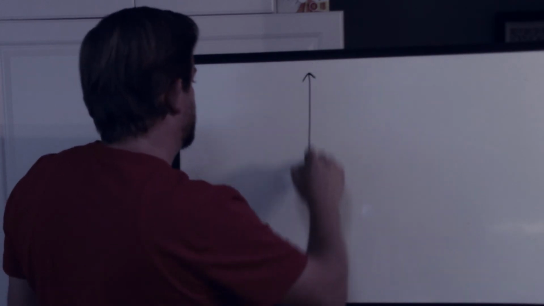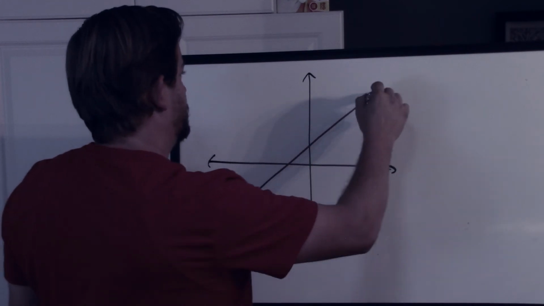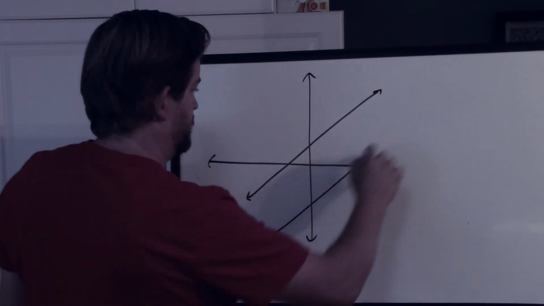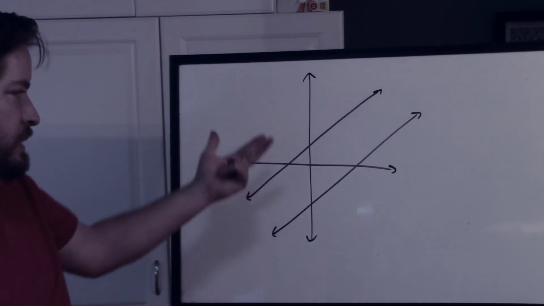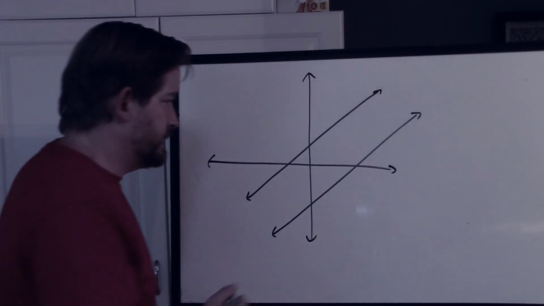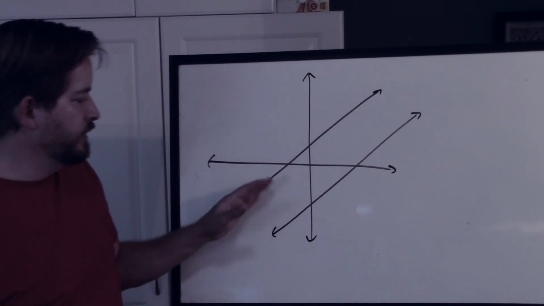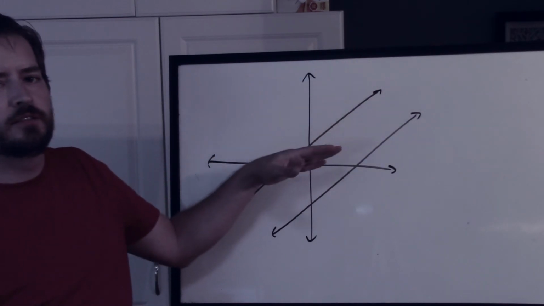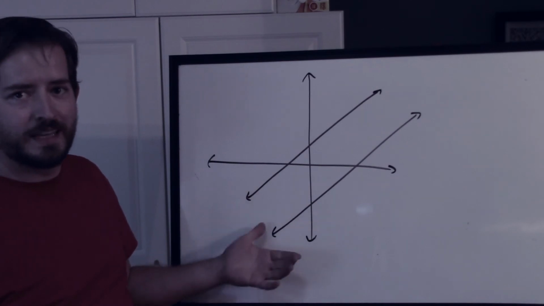Board is moving all over on me here. If I have two lines, let's say that look like this. You can see that I tried to make them parallel. I did a pretty good job, I say, but these two lines are parallel, and we know that they're parallel because they'll never cross over each other, they never touch, or mathematically speaking, we would say that their slopes are the same.